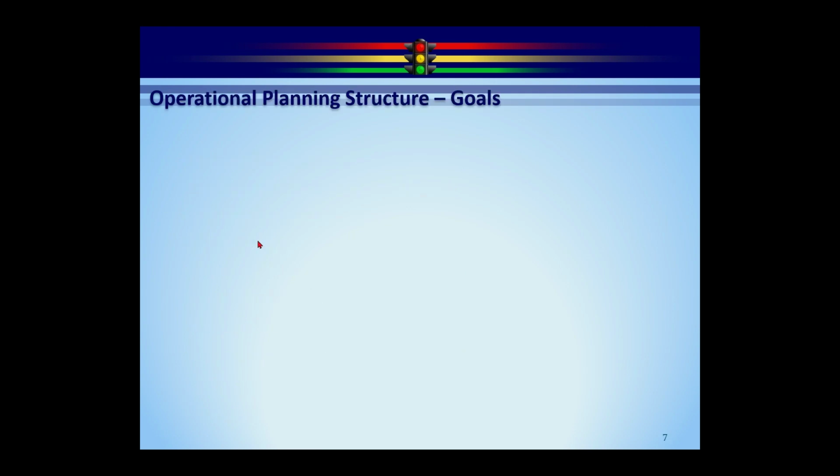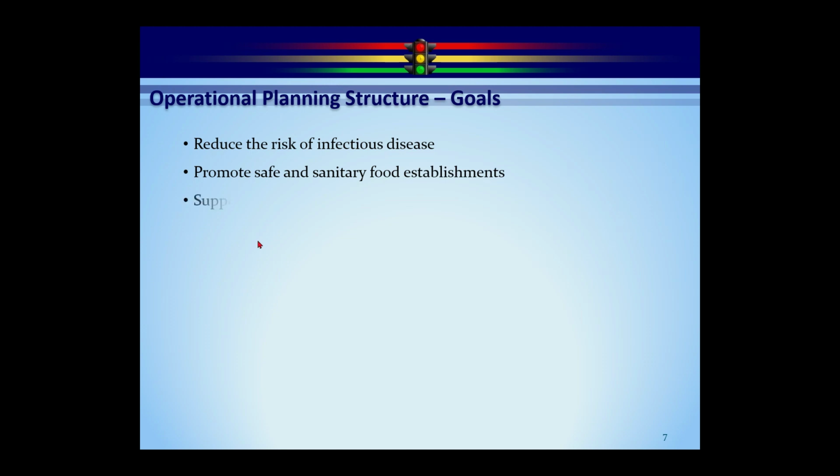Now, the next level down is where we get into the actions here. Now, goals are a high-level definition of what we're trying to accomplish. Goals typically start out with an action verb and a few words to define it, like reduce the risk of infectious disease. Promote safe and sanitary food establishments. Support communities in building resiliency.